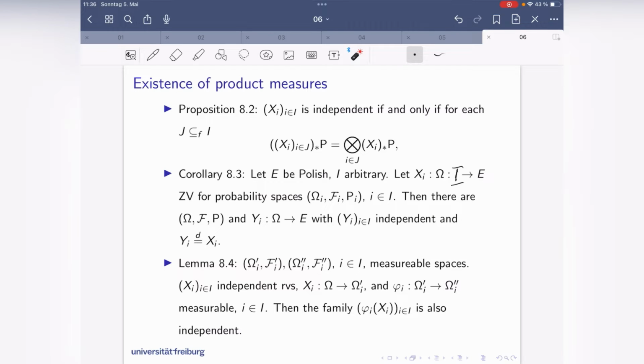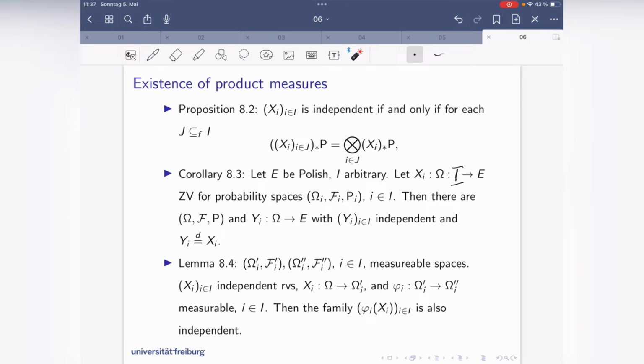That for example means you can take Xi, i from the real numbers, normally distributed random variables, which are all independent. So there are uncountably many N(0,1) random variables.